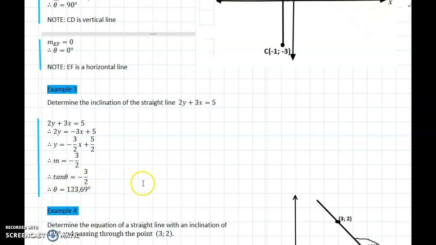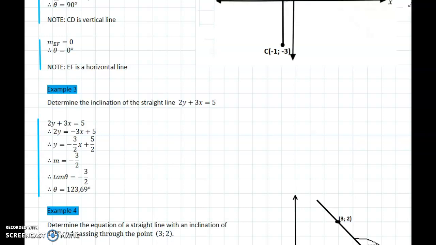I employ my calculator, and I will say shift tan of minus 3 over 2. It will result in a negative angle, but I add 180 to find the obtuse angle. So therefore, the angle that this line makes with the positive direction of the x-axis is 123.69 degrees. Negative gradient, obtuse angle.